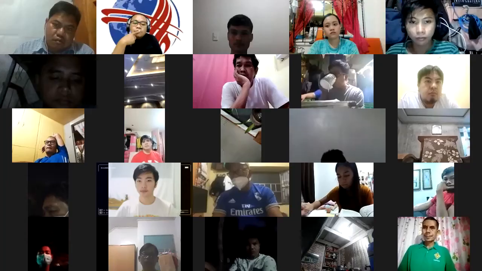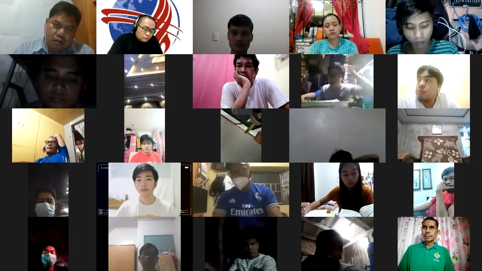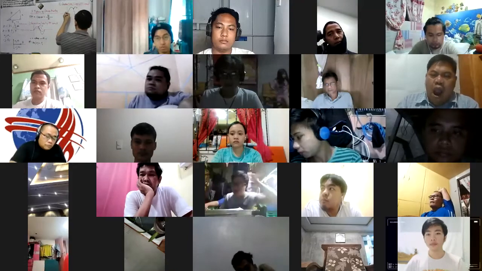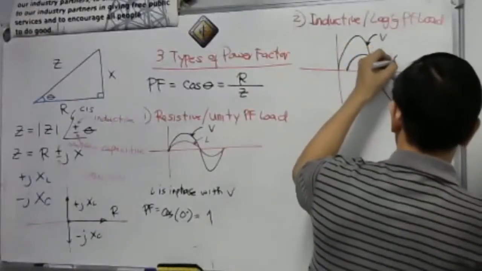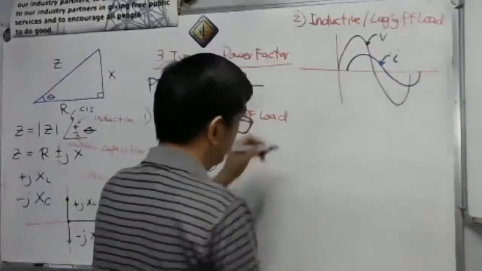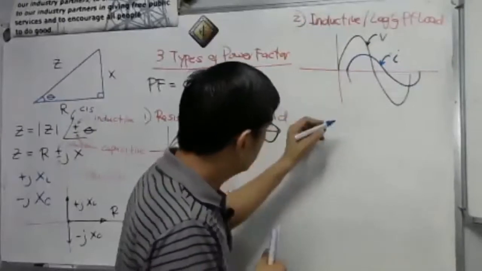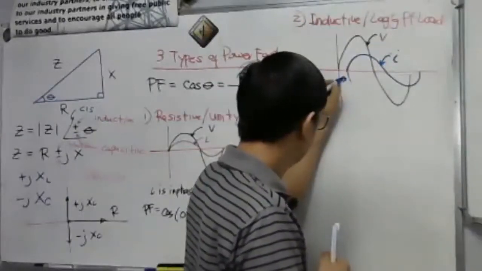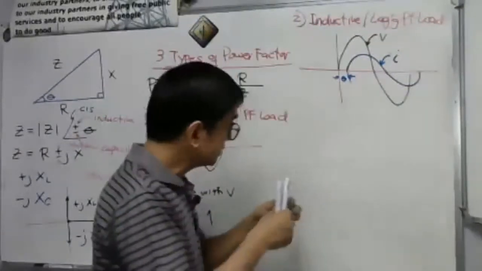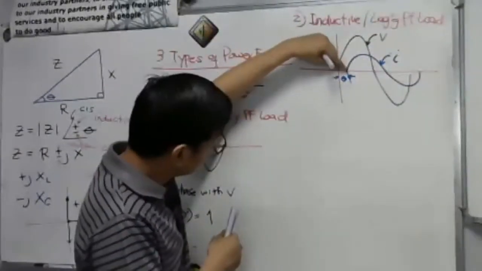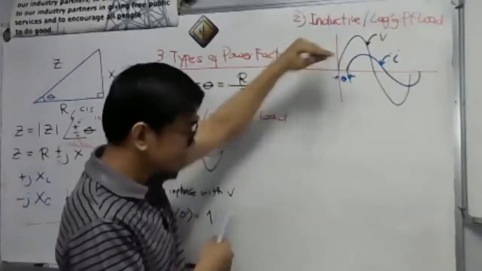Then our current waveform is this, let's say. So this is the starting point, no? So we have here our theta. That is the phase difference. The distance between two starting points is what we call the phase difference.